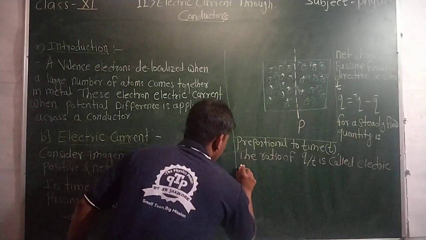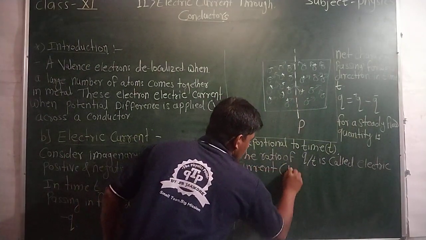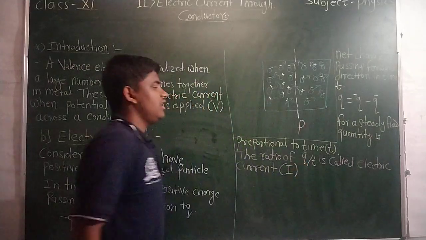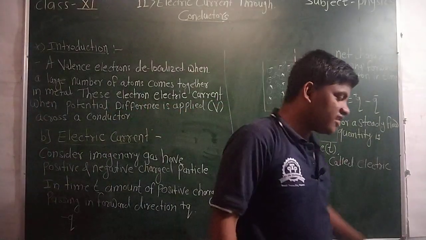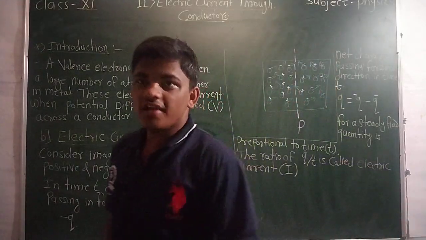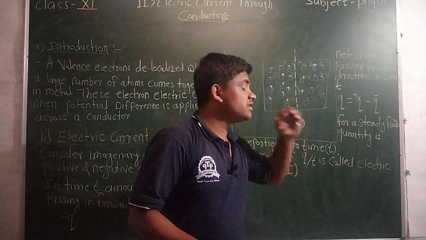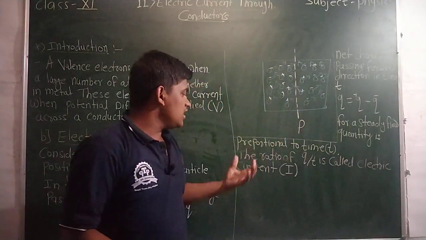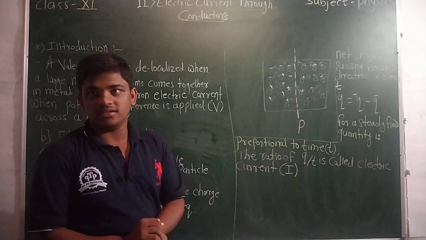The electric current is denoted by the letter capital I. What is the electric current? The ratio of the net charge passing through in the forward direction with the time t is called the electric current.